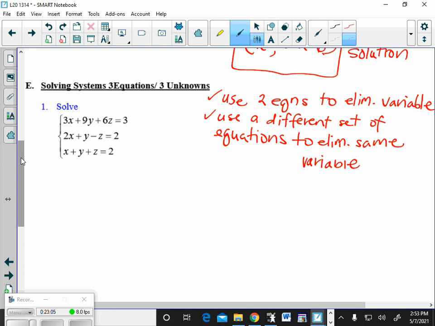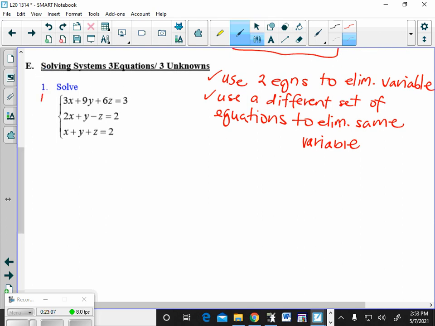And then from there, I'll show you what to do. So let's label these 1, 2, and 3. And what do you notice? Look, this minus z and this plus z, that's what we're going to do. We are going to eliminate z with equations 2 and 3.